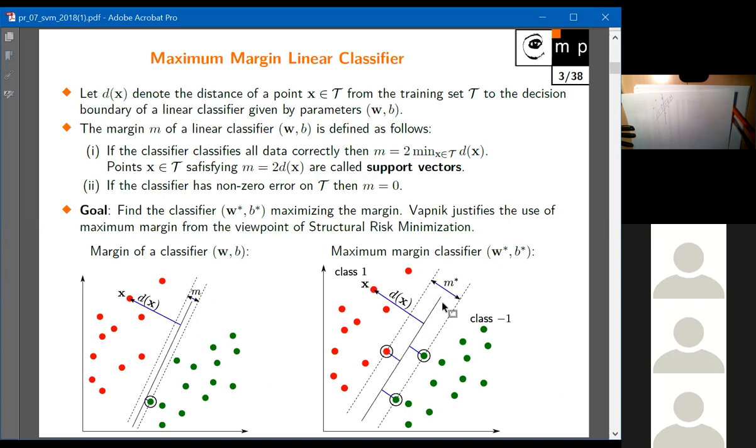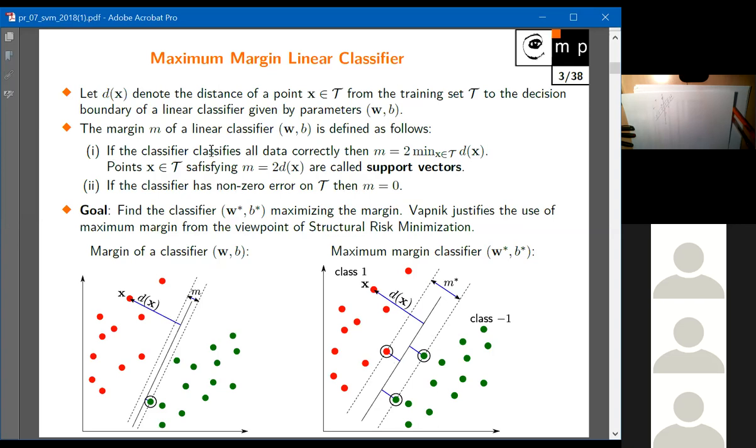Now, it's easy to see that these will be the same. So the margin is 2 times d(x), where d(x) is the distance to the nearest example from the two classes. We denote d(x) the distance of a point from the training set to the decision boundary.